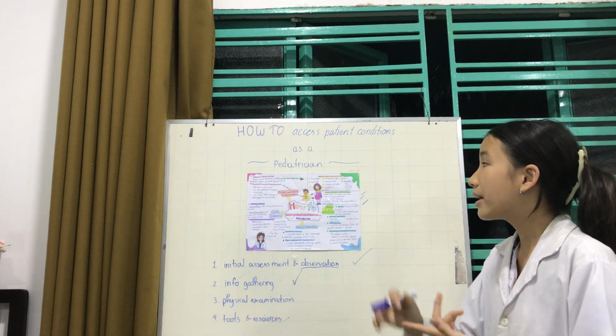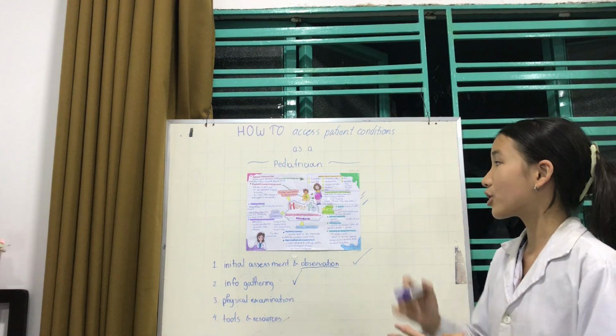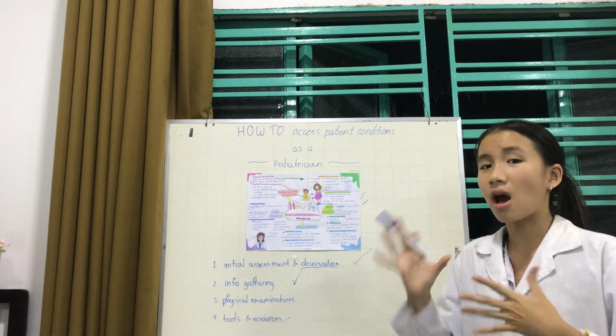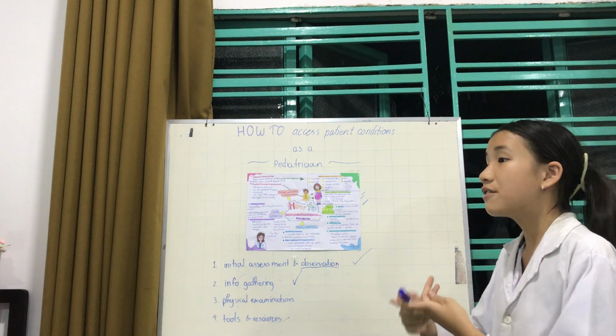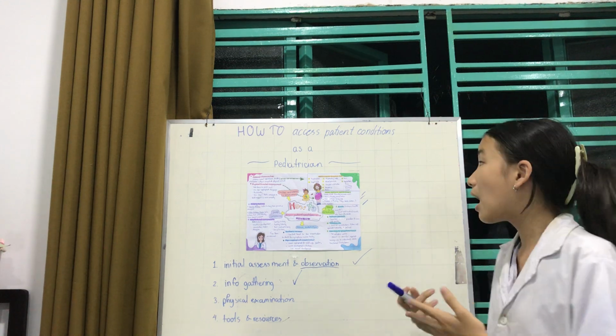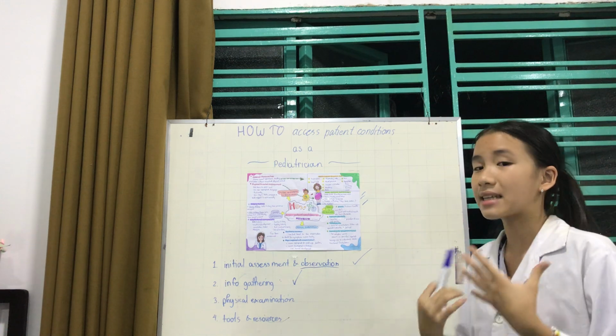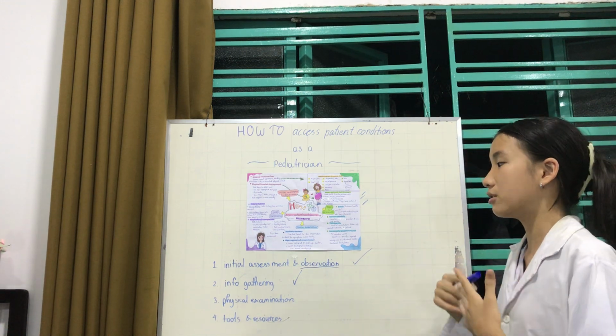There's also heart rate, respiratory rate, blood pressure, oxygen saturation, breathing, rash, pain, or common symptoms which can include fever, vomiting, diarrhea, coughing, and etc. So those are some of the basic signs to check for in a child patient.